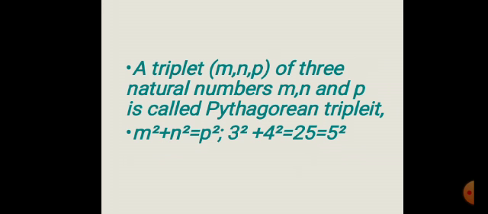Because of three sides, it becomes a triplet and it has three members. The longest side in a right angle triangle is the hypotenuse. That's why for the hypotenuse we take p square. The sum of m square plus n square is equal to p square.